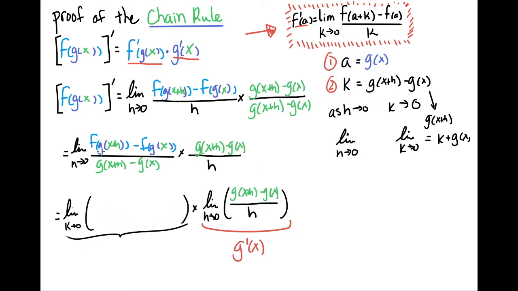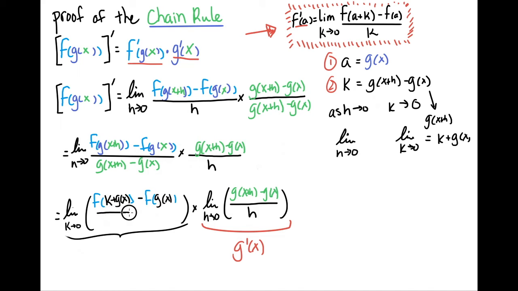So what does this equal? Well, this is equal to f of k plus g of x, and we're going to subtract away f of, keeping this the same, g of x.